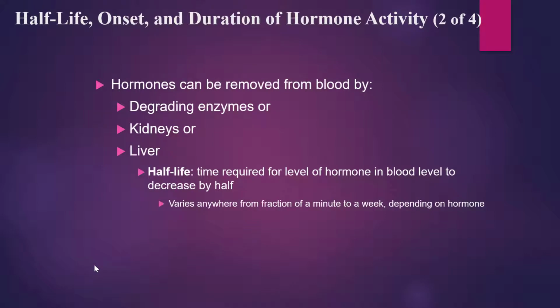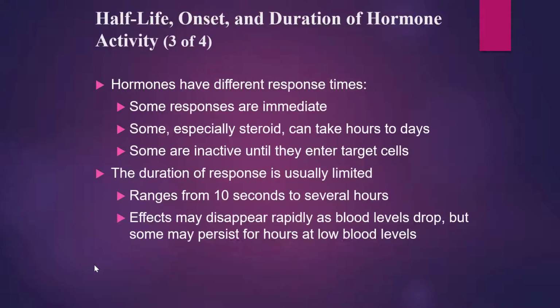Hormones can be removed from the blood by degrading enzymes, or they are eliminated in the kidneys and in the liver. The half-life is the time required for the level of hormone in the blood to decrease by half of the original volume. It varies anywhere from a fraction of a minute to a week, depending on the hormone itself.